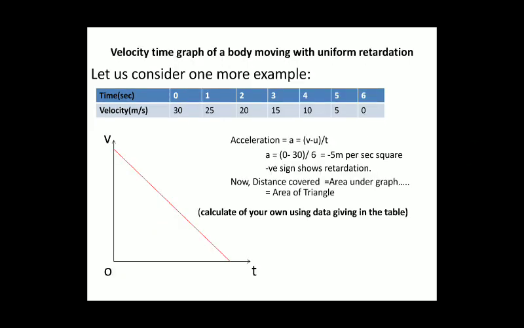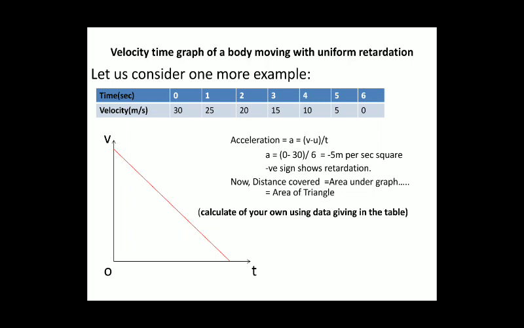Now, velocity time graph of a body with uniform retardation. It means when we are applying the brakes, in that particular case, the velocity decreases with time and finally it may come to rest. Initially the velocity observed is 30, and after 6 seconds, the velocity becomes 0. So acceleration is v minus u.